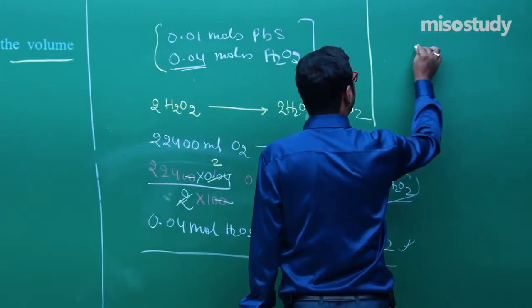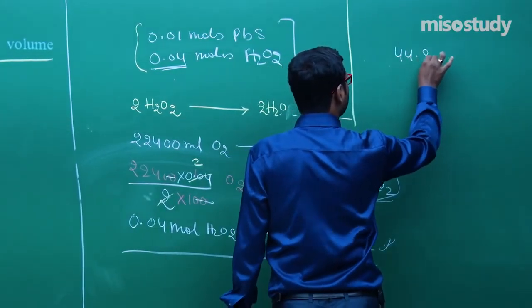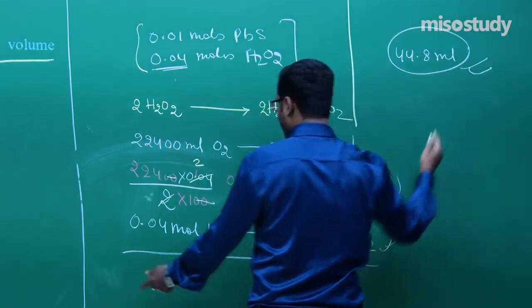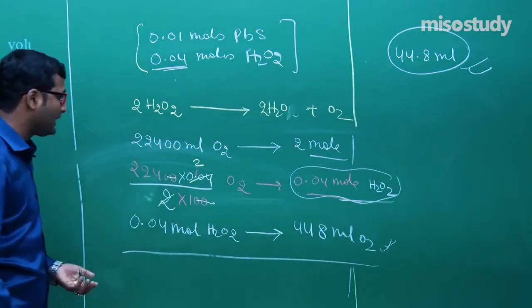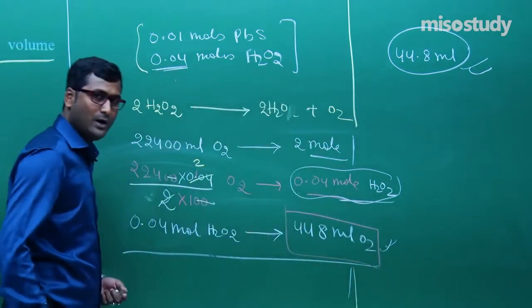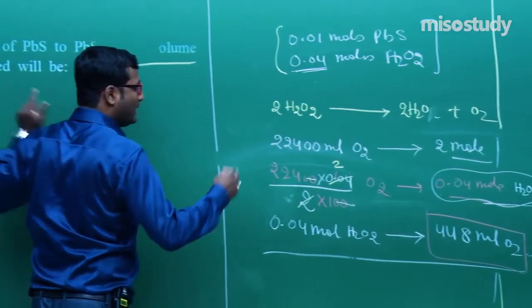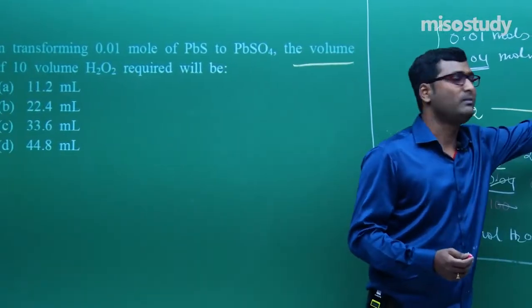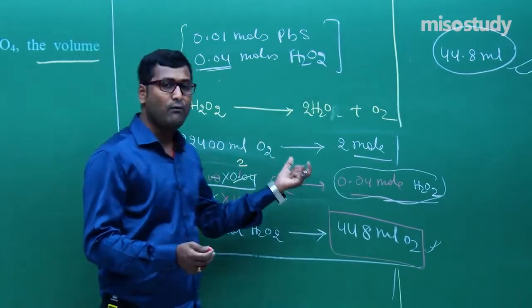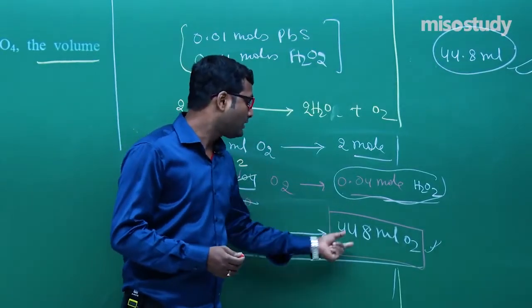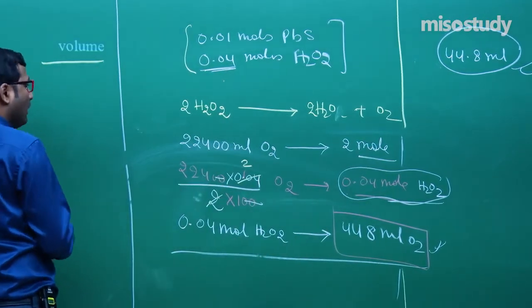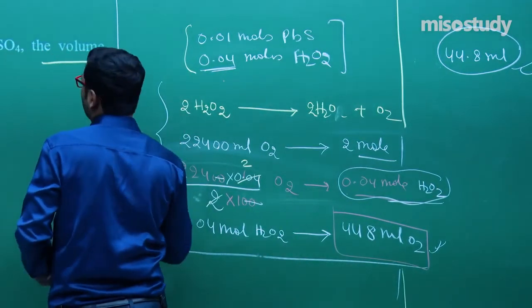We do not need to solve the most part. We can easily say 0.04 mole H2O2 gives you 448 ml. Now here 10 volume is given, so for 1 volume we can assume 448, and for 10 volume that is 44.8. Clear to you? This is one method to solve such questions.